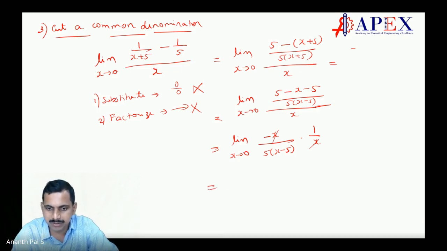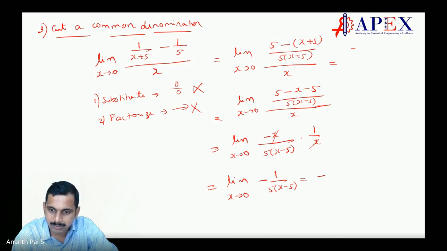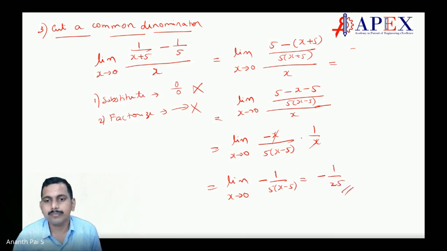So this is equal to limit x tending to 0 of minus 1 by 5 into x minus 5. So the answer you get is minus 1 by 25. Make sense, students? So this cannot be done for everything. If there is a common denominator, we can cut it. Okay, that's the next.